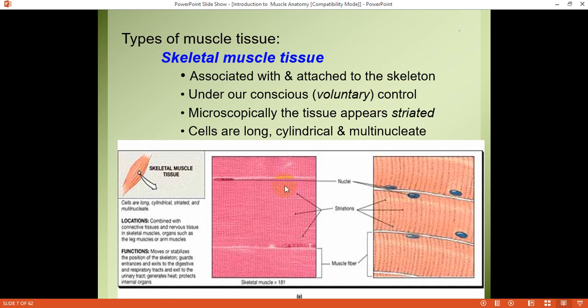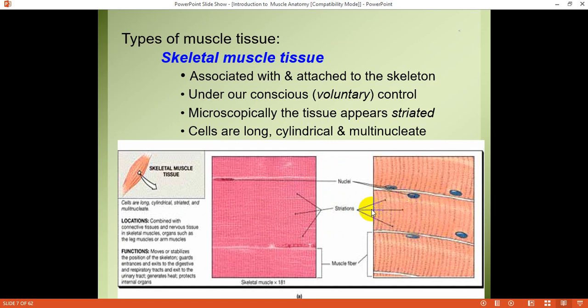Microscopically, the striations of skeletal muscles are way more prominent and well defined as compared to cardiac muscles, so these make up the prominent category of striated muscles. The cells are elongated, cylindrical, non-branching, and multinucleated.